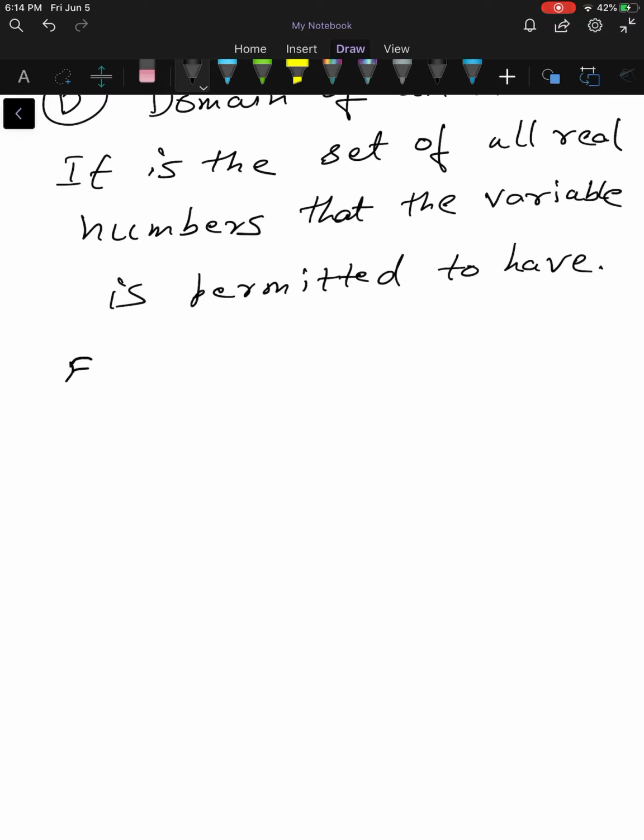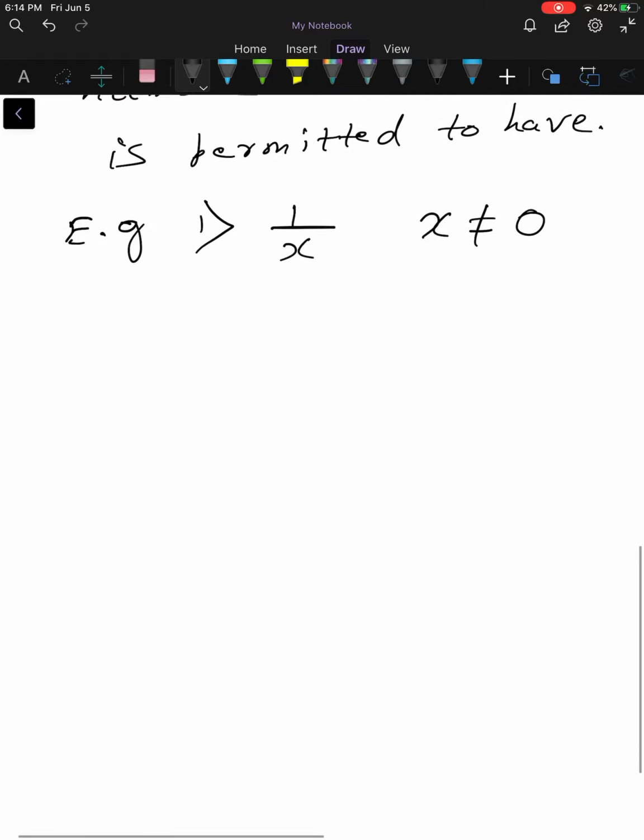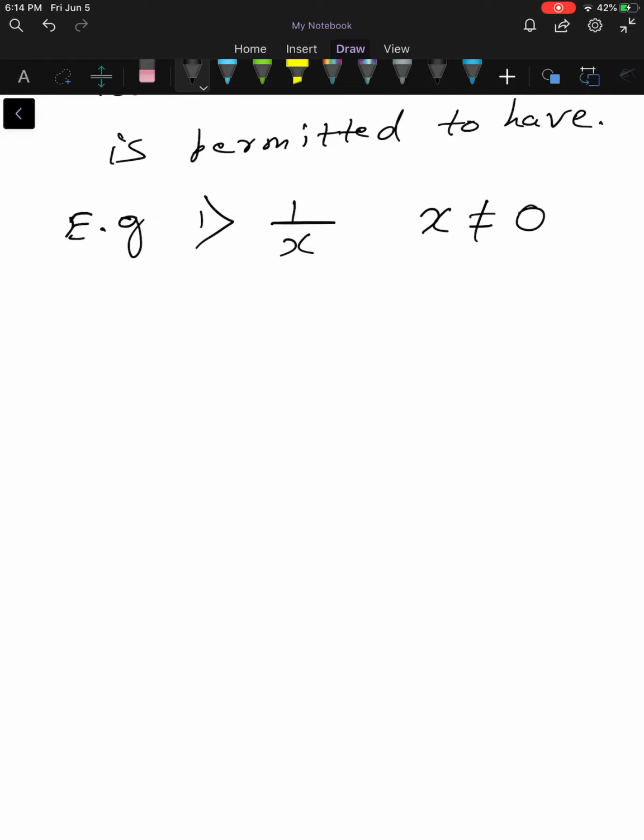So now coming to the examples. First one, if I consider 1 over x, we know that we haven't defined a fraction where the denominator is 0. So when that case is not defined, x cannot take the value 0. Therefore we are restricting x to all real numbers except 0.